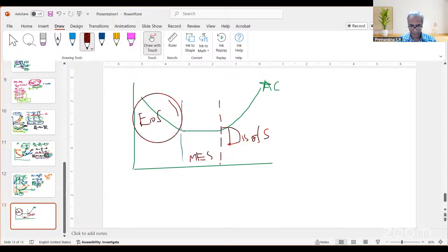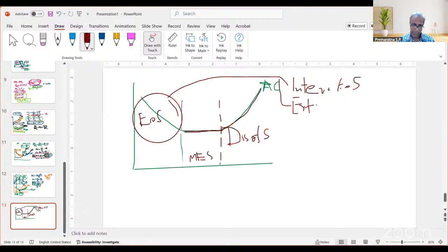After that, as it comes to the minimum efficient scale, then diseconomies of scale. Why does this happen? Economies of scale happen in two ways. One is what we call internal economies of scale. The other is what we call external economies of scale. What do these two concepts mean?